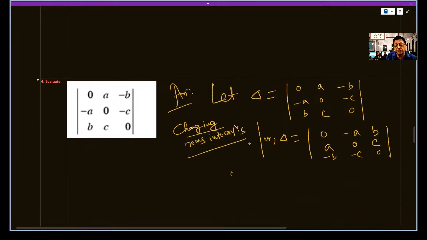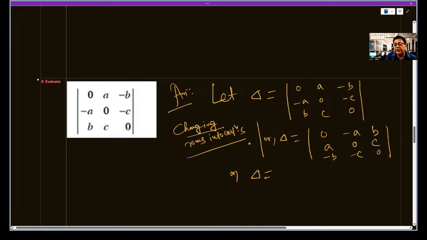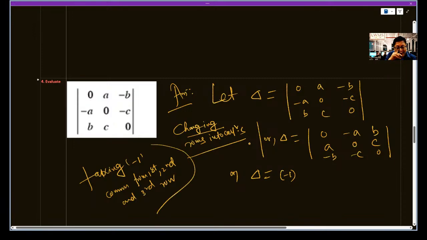Now what you have to do? You take minus 1 common from the first row. Taking minus 1 common from first, second and third row.